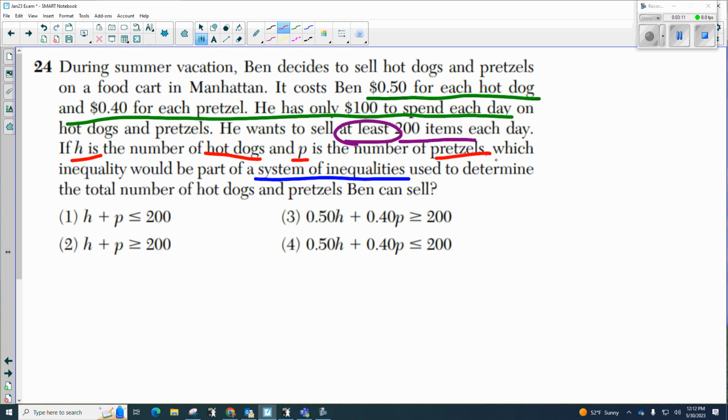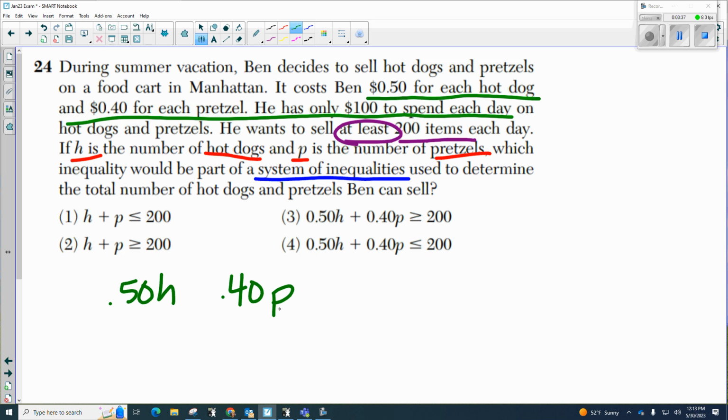So if I go back to what I underlined in green, if it's 50 cents for a hot dog and H is the number of hot dogs, I'm going to have to do 50 cents times H. And P is the number of pretzels, and it's 40 cents for each pretzel, so I'm going to have to do 40 cents times P.